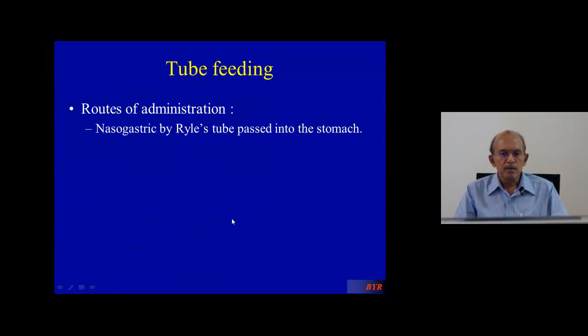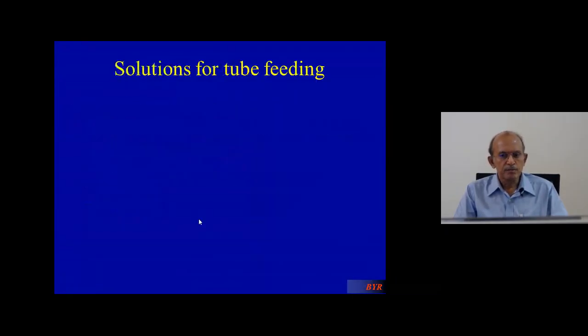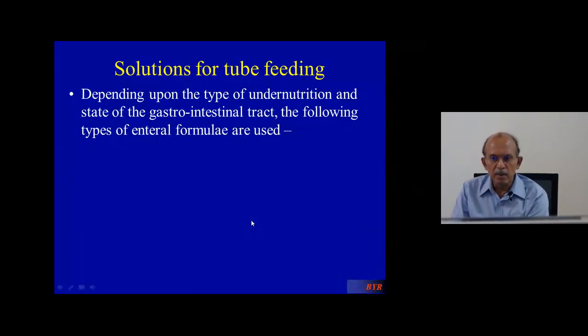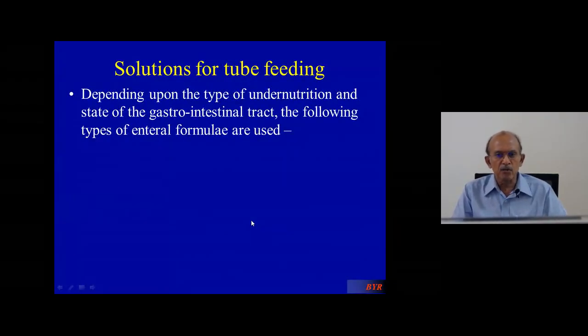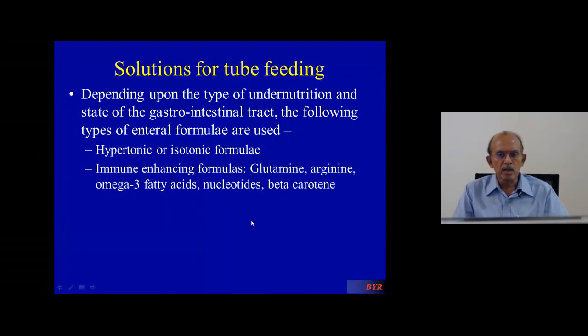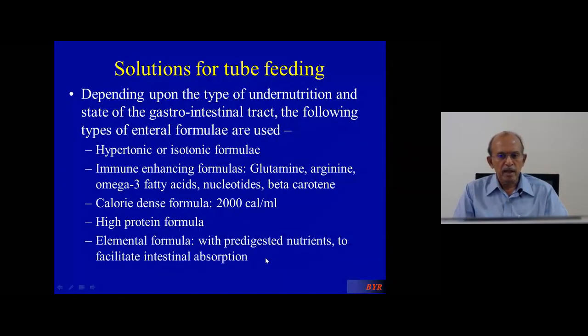Tube feeding: nasogastric tube into the stomach or nasoduodenal intubation, or by gastrostomy, that means a tube passes directly into the stomach in some disorders of the esophagus, or into the jejunum. If you are giving tube feeding, depending upon the type of undernutrition and the state of the gastrointestinal tract, the following types of enteral formula are used: hypertonic or isotonic formula, immune enhancing formula, calorie dense formula, high protein formula, elemental formula.